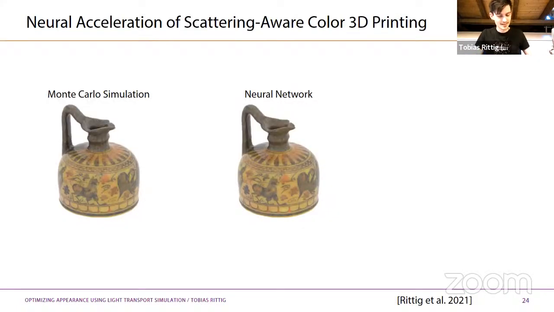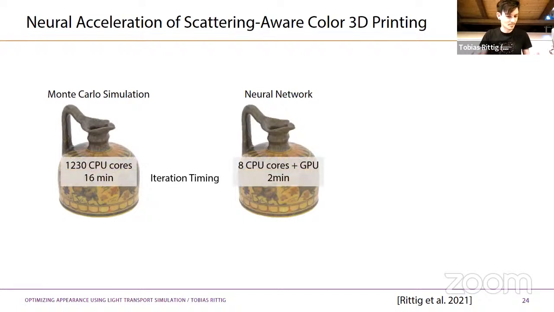Okay, so here's the two vases again, the same vase again, 2 times. One's optimized with the Monte Carlo simulation, on the right side with a neural network. Now, you will probably not notice any difference between the two pictures, and that is intended in fact.